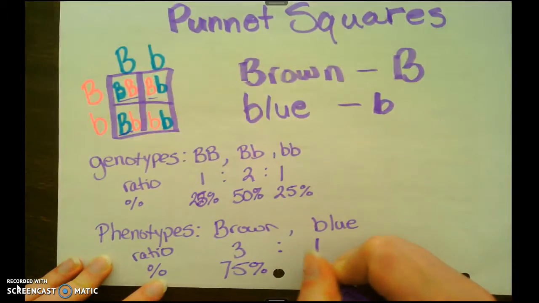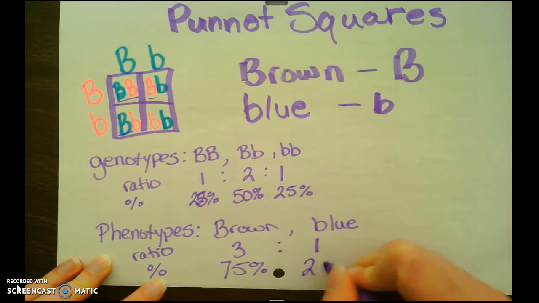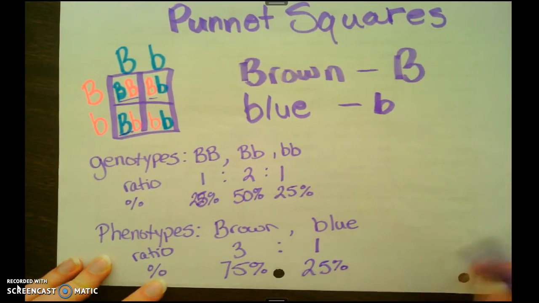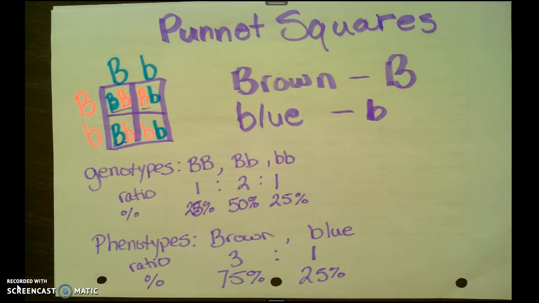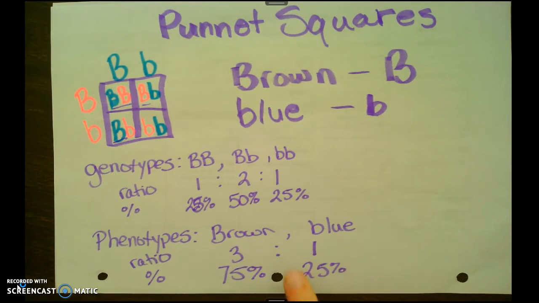And 25%, so only 1 box, gives me the possibility of being blue-eyed. So me having blue eyes, with my parents both having brown eyes, it's quite rare to have a blue-eyed child. There was only a 25% chance that I would have blue eyes when I was born, and a 75% chance that I had brown eyes. So that's how we use a Punnett square.